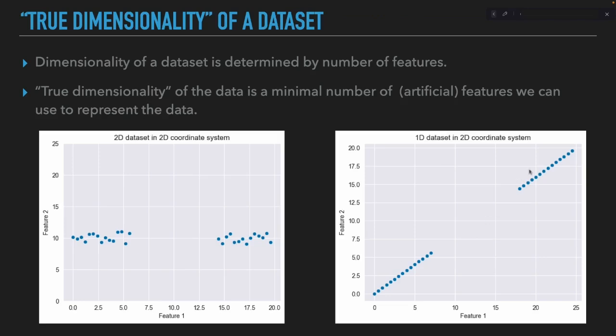On the other side, when it comes to this dataset, we could use a straight line, a one-dimensional coordinate system, in order to completely describe all the variation, all the information from this data, and it would not make any difference. So we could say that the true dimensionality of this dataset is 1.